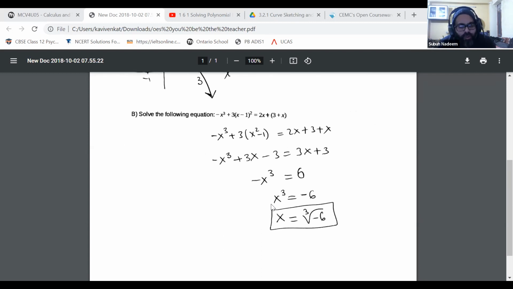Again, 3x square on opening the bracket will not become 3x. That is an error. Then again, minus x cube is equal to 6 is fine. X cube minus 6. Rest is okay. Minus will come outside.